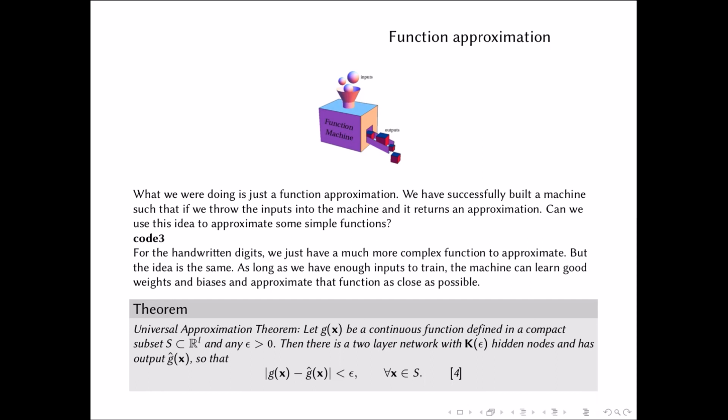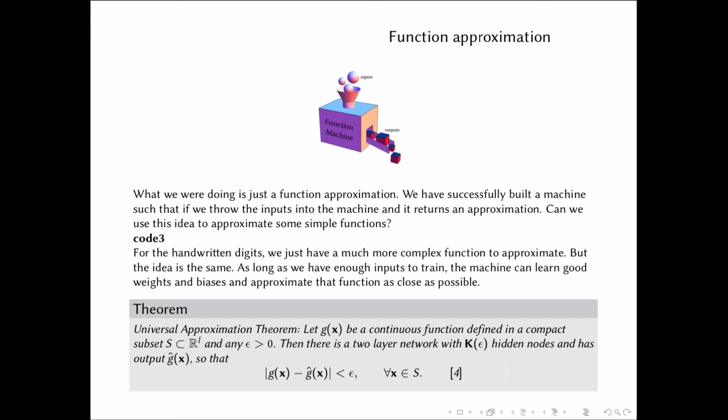It says if g of x is a continuous function defined on a compact set S, so it's closed and bounded, which is a subset of R^L. For any epsilon greater than 0, that's the error we choose, the threshold. In this case, we choose 0.01.